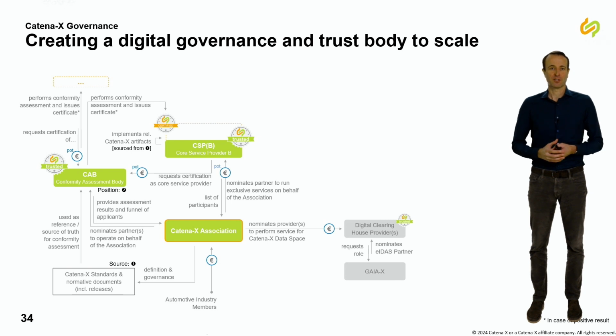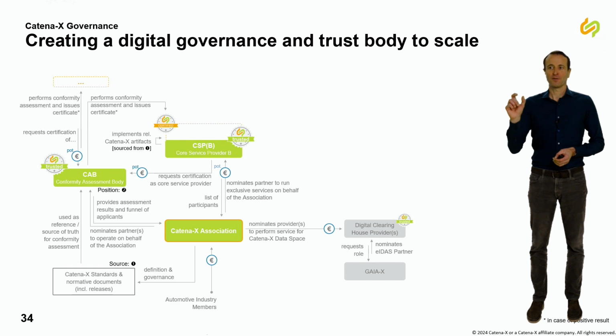There might be a financial flow in there between those 2 parties. That's why it's potential. The CAB looks at the reference documents on the lower left and assesses the conformity of the installment and implementation of the CSPB. So it performs the conformity assessment and issues, if the result is positive, a seal, a label, certified.